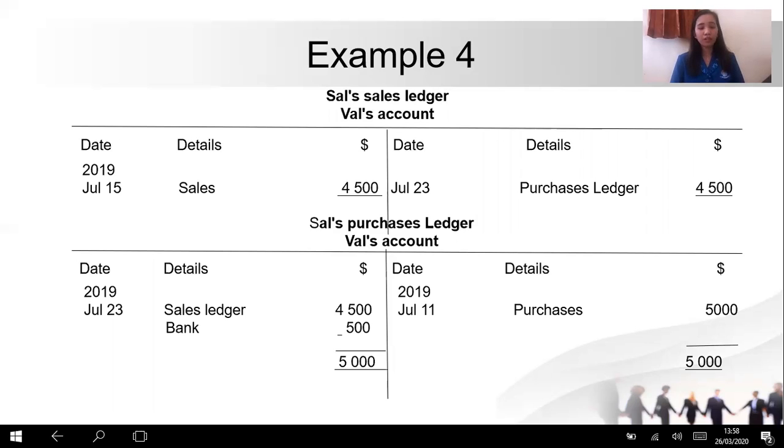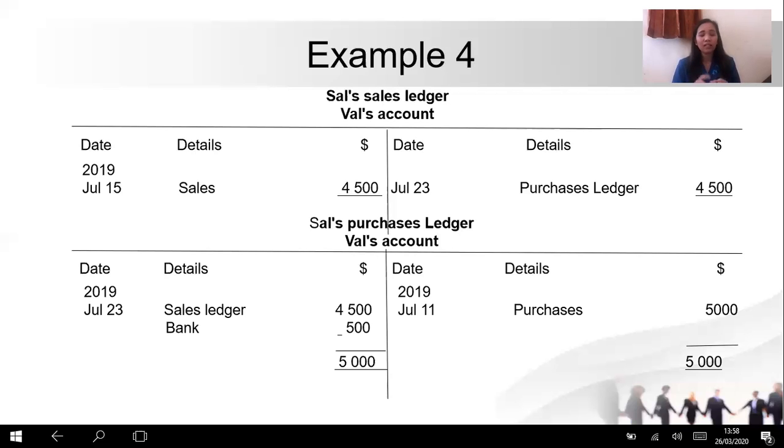So remember, here are the example types that we must know. The first one is the regular sales ledger control account. We post all of the accounts into the right entry, on the debit side and on the credit side, and then find the balance b/d and balance c/d. That's how we find out how much is our sales ledger and our purchase ledger.